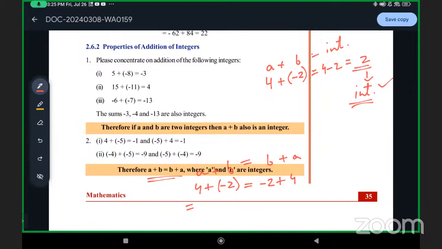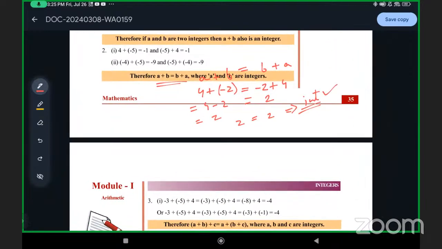Now, 4 plus minus 2 is 4 minus 2, which comes to 2. Second part, minus 2 plus 4. Minus and plus sign is there, so I'll subtract. It becomes 2. The sign I will not put minus because 4 is positive, so 2 will also be positive. So finally 2 equals 2. Both are integers. When a plus b equals b plus a, and a, b are integers, your answer will also be an integer. We'll get the same.